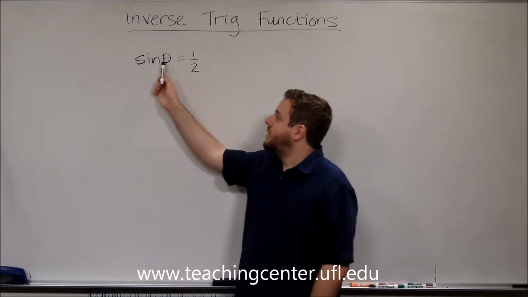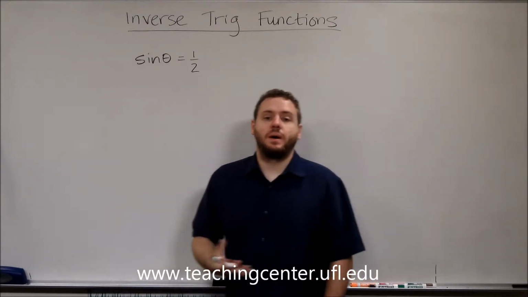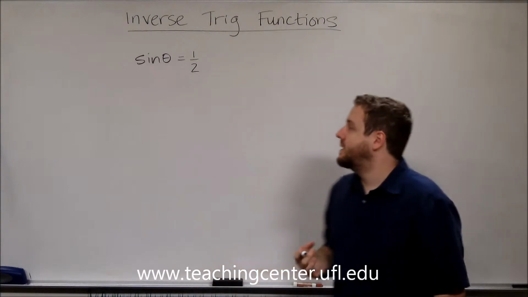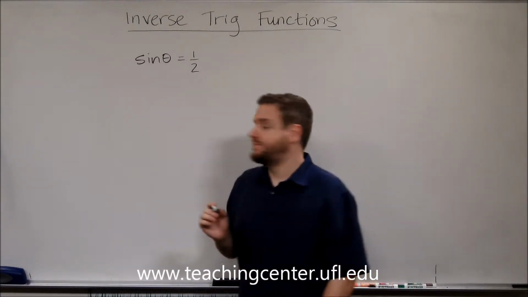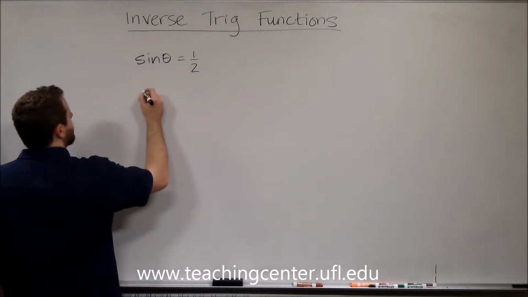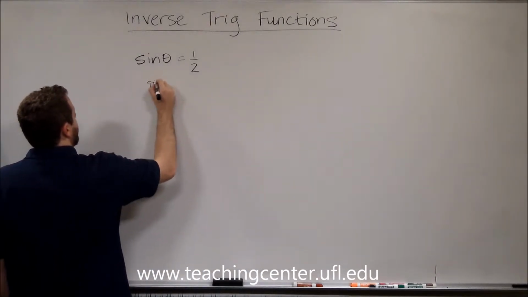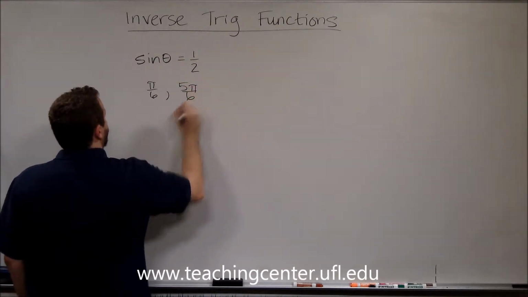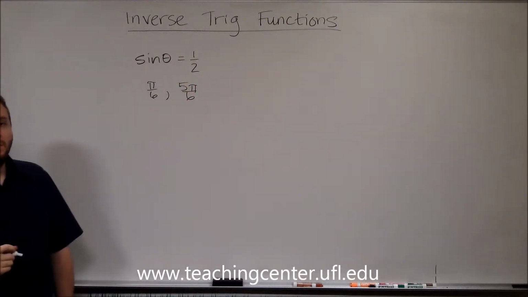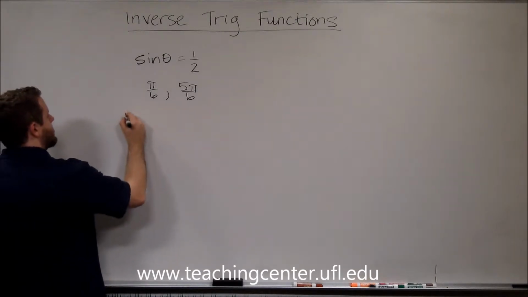Unless you were restricted in the domain by your problem, you have infinitely many solutions to this because you could always go around the unit circle as many times as you want. For this, in the first rotation, we would have answers of pi over 6 and 5 pi over 6.